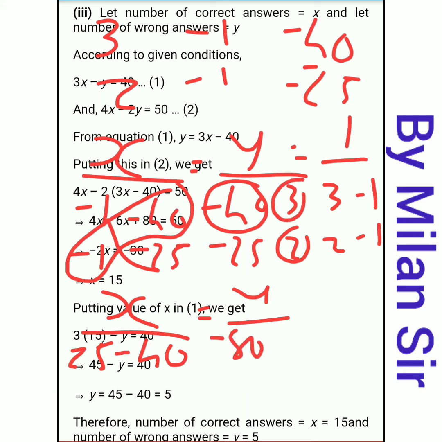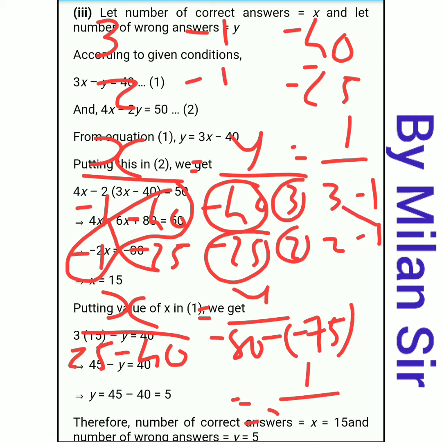And here 3 into minus 25 is 75. But before that, minus sign as per the formula, and 25 into 3, minus 75. At last 1 upon, now here 3 into minus 1 is minus 3, minus sign as per the formula, 2 into minus 1 is minus 2.